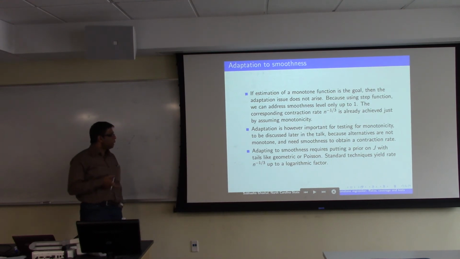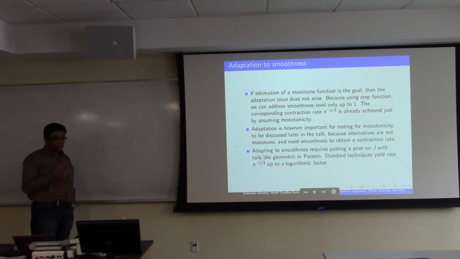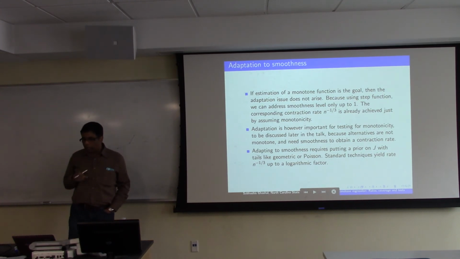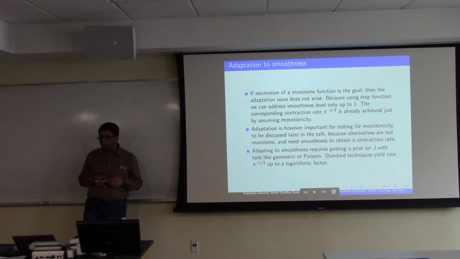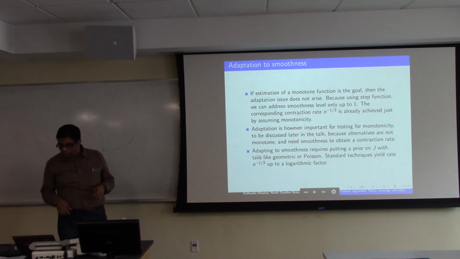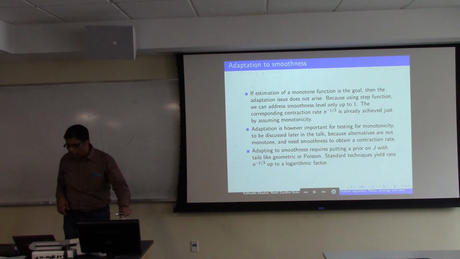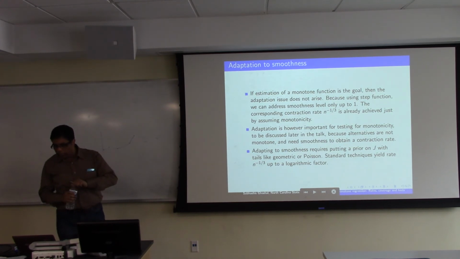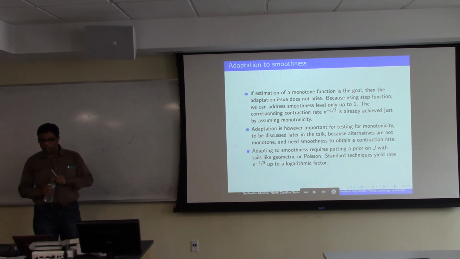In order to adapt to smoothness, we'll have to put a prior on the complexity that is controlled by the number of terms, and then we use the standard techniques used for smooth target functions.